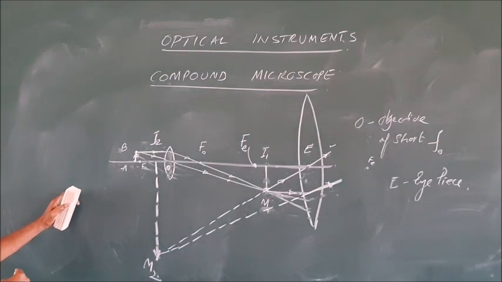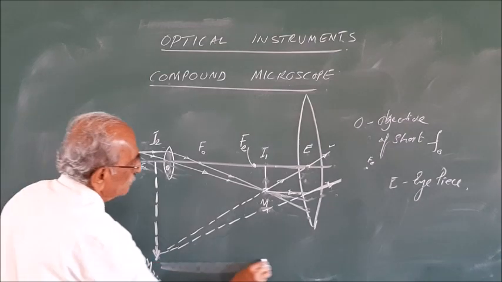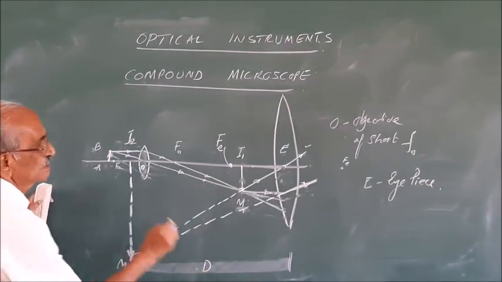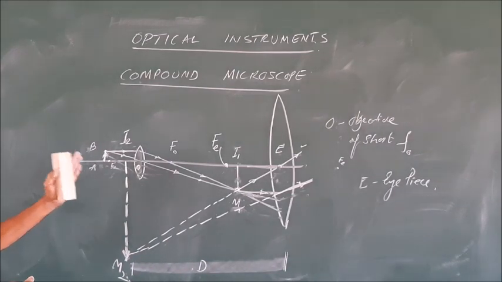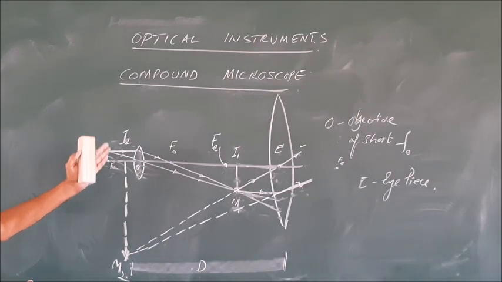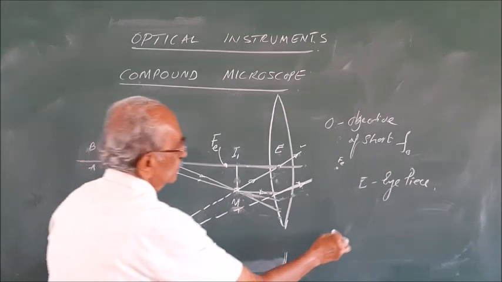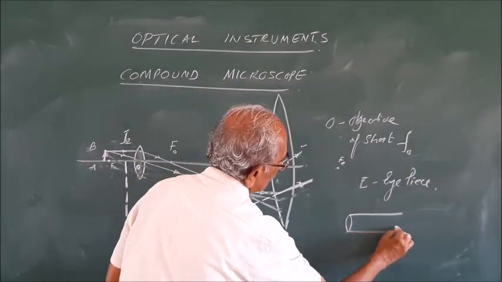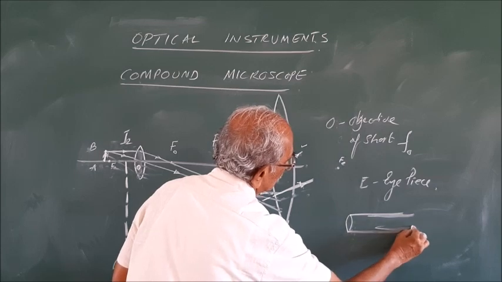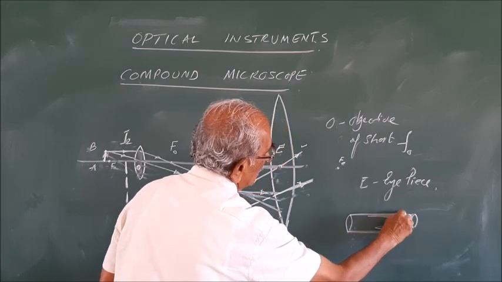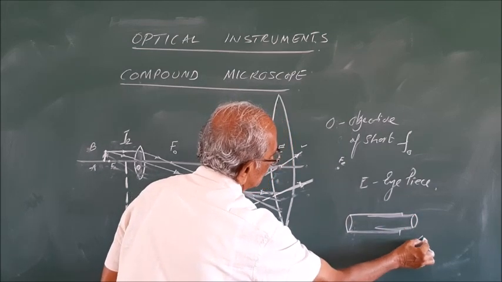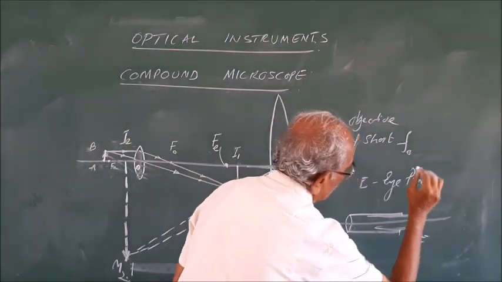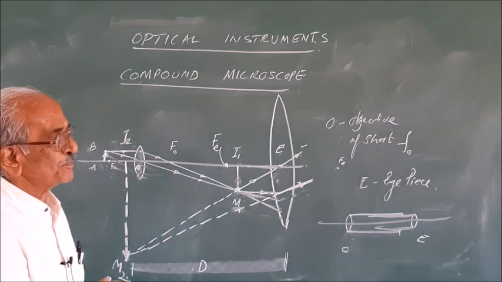Now here, this distance I adjust. Usually it doesn't look like this. If you go to a laboratory and see the microscope, you don't see anything except a tube like this. Now this is how a microscope looks. This is the eye lens, this eyepiece, coaxially mounted in a cylindrical tube.